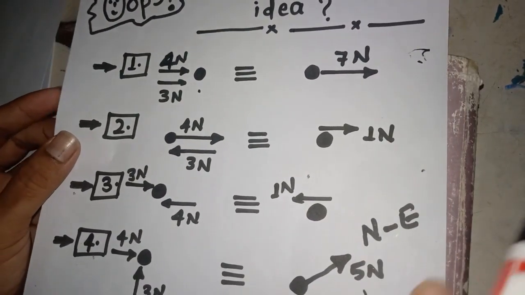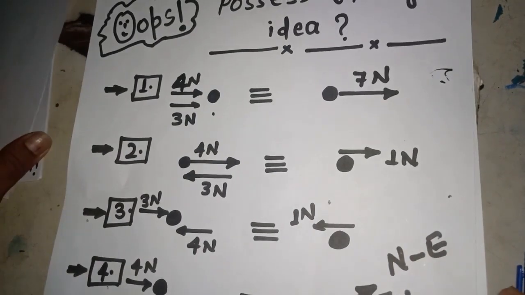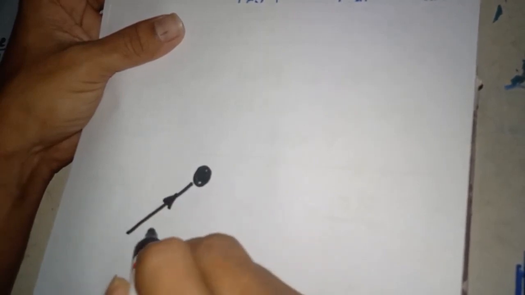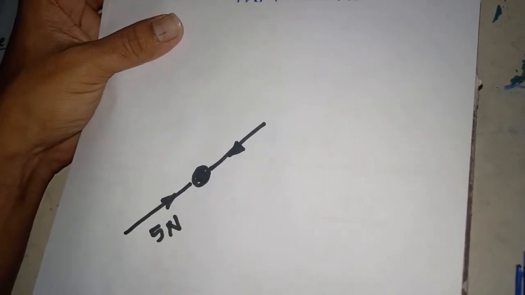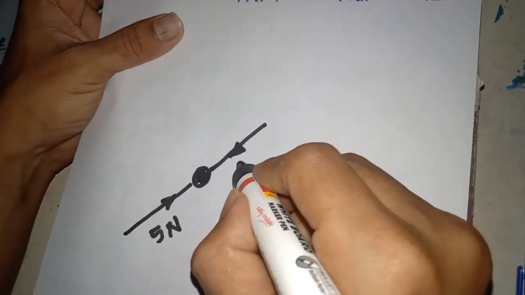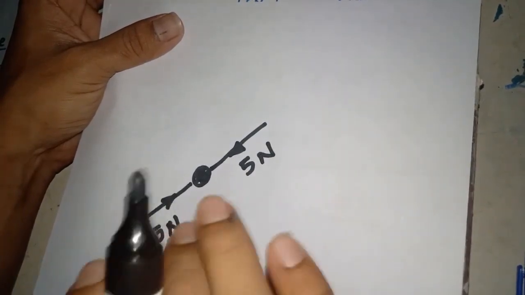Before this, now I'm giving you some examples so you can become familiar with vector quantities. Now let us see here, if a ball is kicked in that direction by 5 Newton, and another player at the same time kicks the ball by the same force.